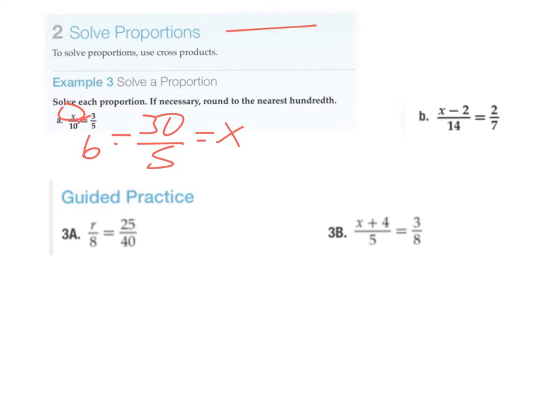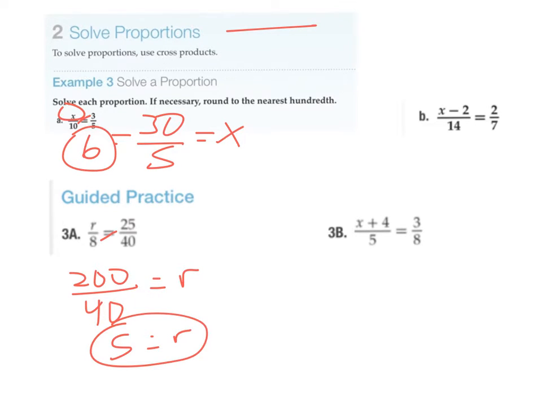So the answer is 6. If I do the same thing, 8 times 25 is 200, and I'm going to divide that by the other number, that equals r. And that happens to equal 5. So we get 5.